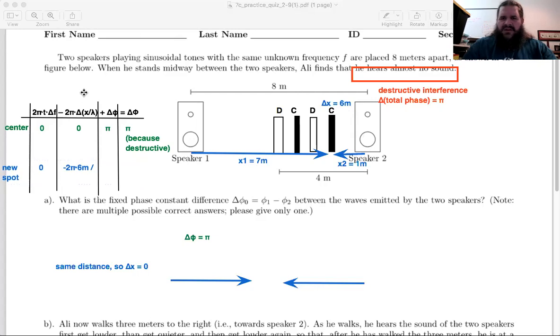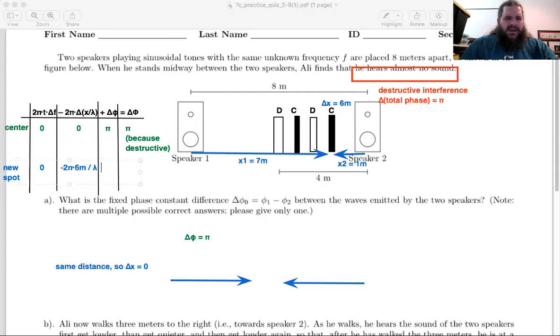I think wavelength is unknown, right? We don't know the frequency and we don't know the wavelength. So I'm just going to fill in wavelength as an unknown variable. So this x term is negative 2 pi times delta x, which is 6 meters, divided by wavelength.